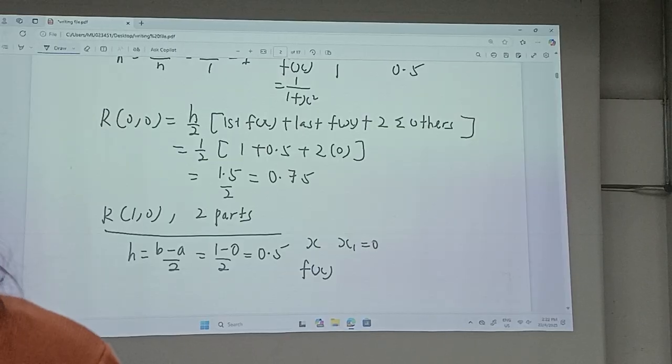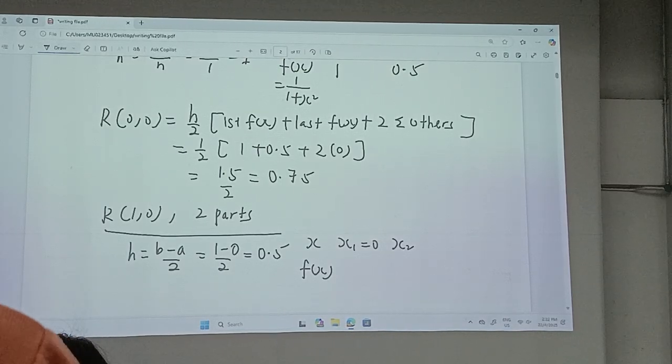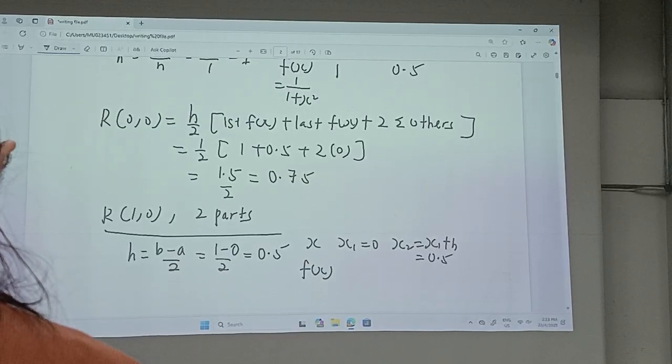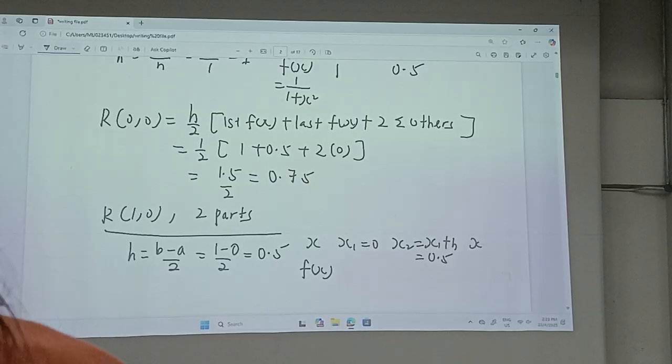So let's get all the f(x). x1 equal to 0. What should be the value for x2? Anyone? 0.5, yes. So every time plus h, x1 plus h, so equal to 0.5. x3 equal to 1.